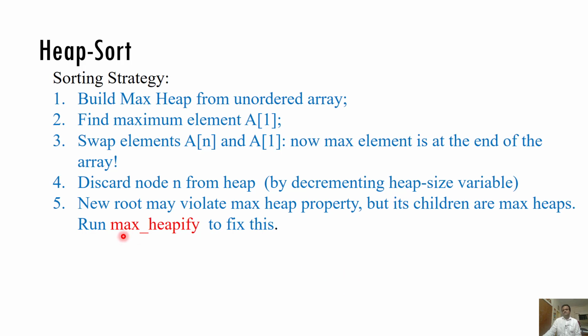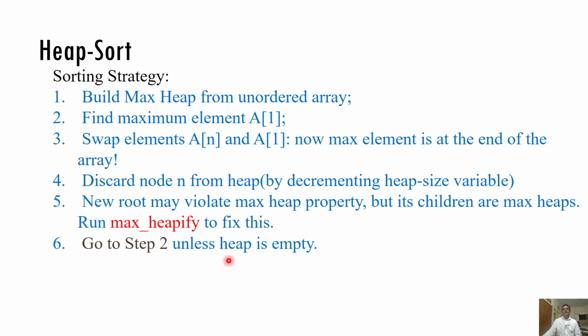So, we can call maxheapify at the root with the modified array, where the size is reduced by 1. Then it will again become a max heap array after calling maxheapify. Then again we get the maximum among this subarray, which is reduced by 1. So, again n is now reduced to n minus 1.